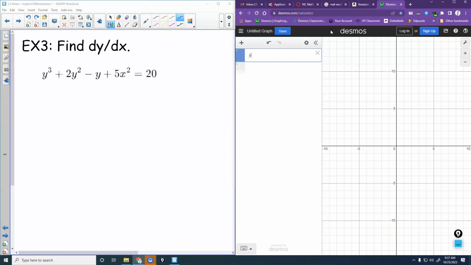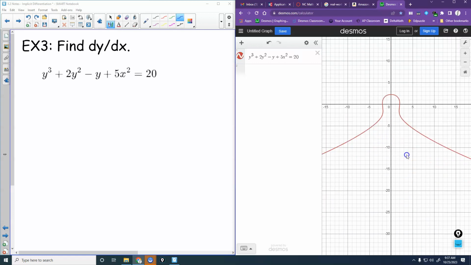And Desmos will graph them. So y to the third plus 2y squared minus y plus 5x squared equals 20. So this makes that kind of weird shape right there. So some of these are really cool.